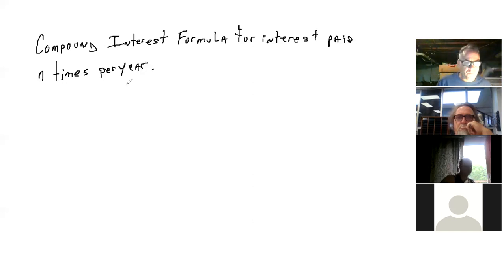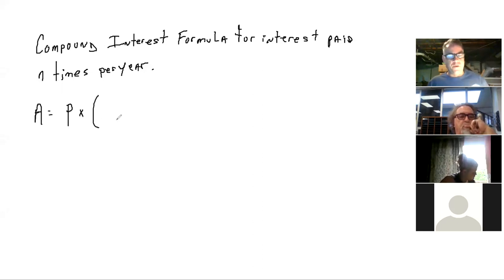So the formula looks like this. Your accumulated money here equals P times. Now remember, before it was just 1 plus whatever your APR in decimal form. This is going to be 1 plus APR divided by the number of times you compound within that year.